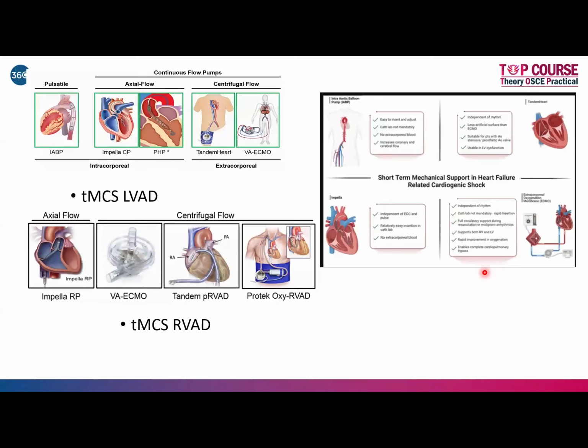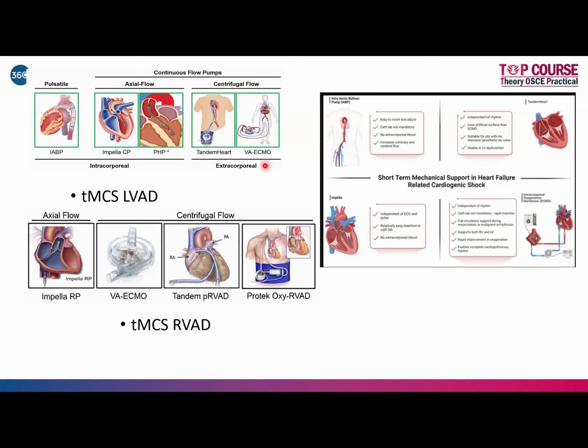What are the other tools that we have apart from the IABP? It can be divided into left ventricular assist devices and right ventricular assist devices. Left ventricular assist devices can again be divided based on the axial flow and the centrifugal flow, based on whether it is a continuous pump or a pulsatile pump, and whether it is intracorporeal or extracorporeal.